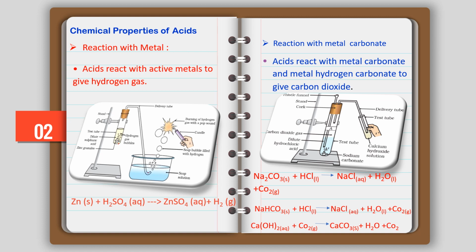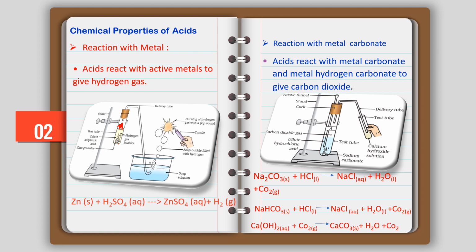When the top of the test tube is closed with a cork, hydrogen gas will be evolved in the test tube, which comes through the delivery tube into the soapy solution. So bubbles will be formed in that soapy solution.